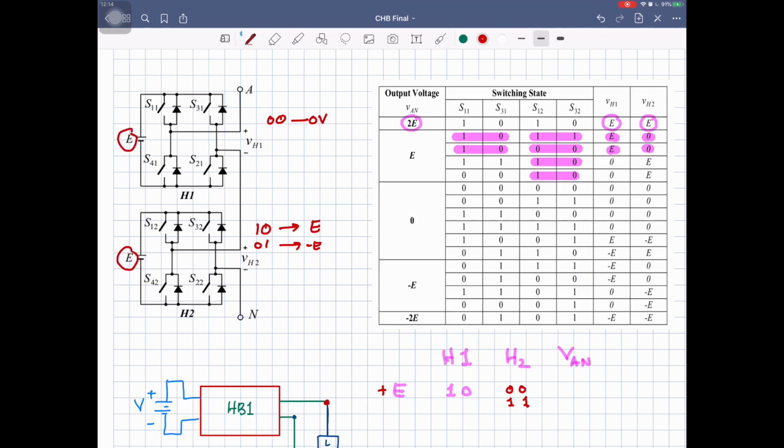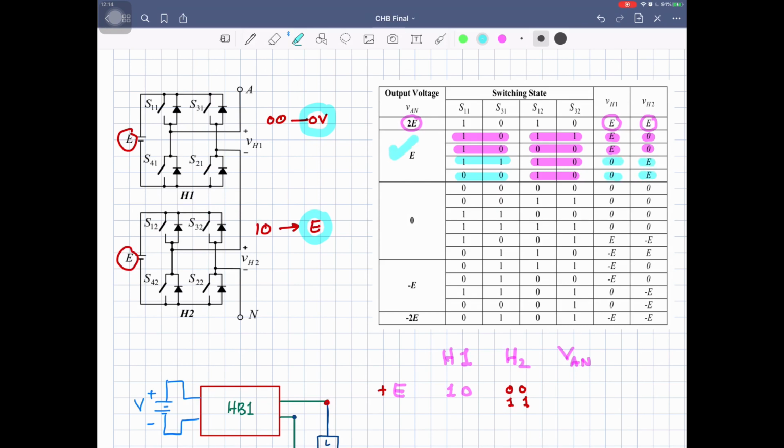So by taking the switching state 1 0 you can get E volt, and with that you sum 0 0. You can see over here 1 1 and 0 0 in the upper inverter and the lower inverter is 1 0. So 0 volt from here and E volts from here, so the net output voltage will be E, right.